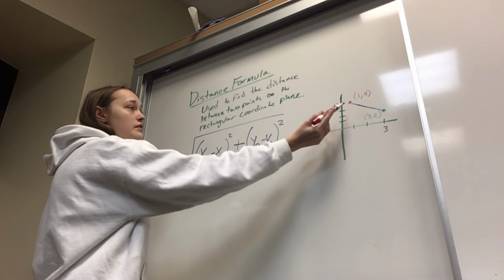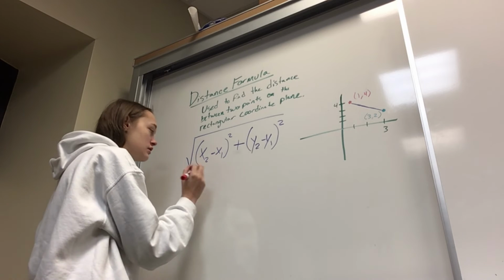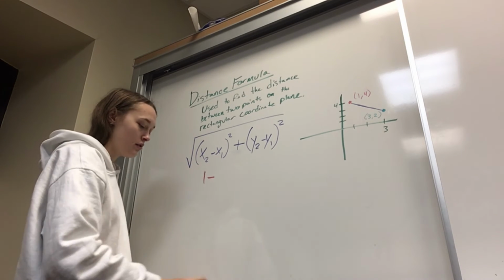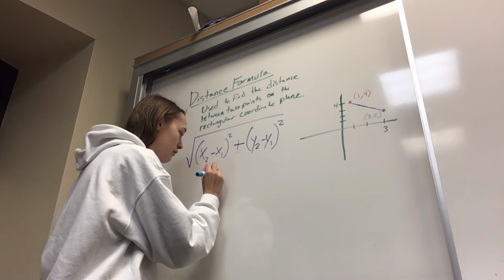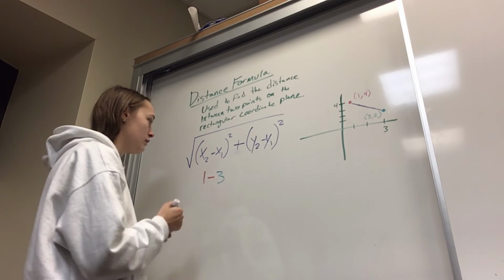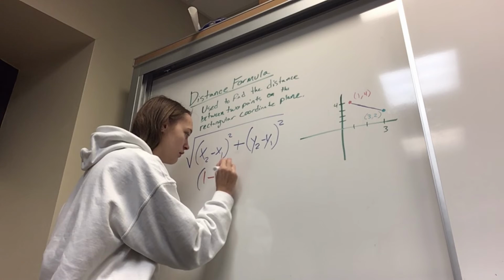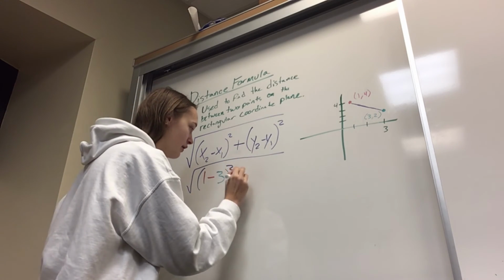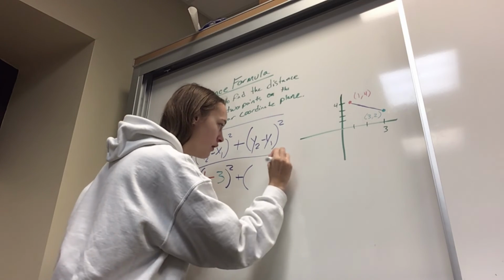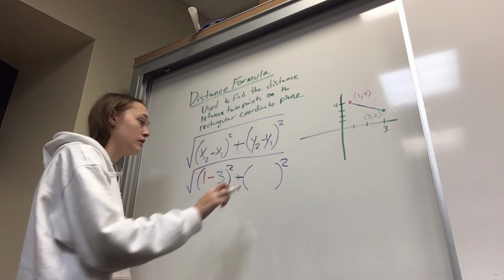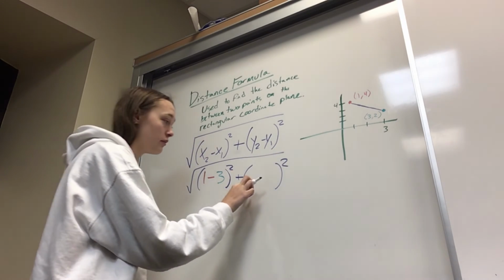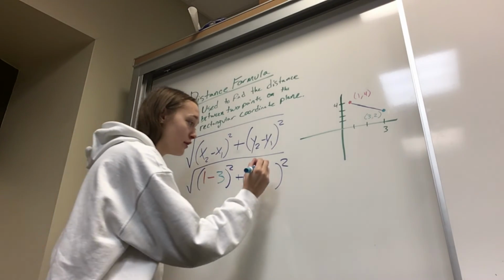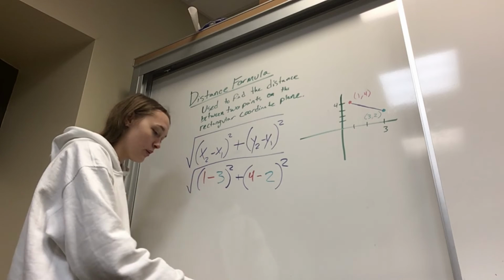So we take the x from our second point, which is 1, and we subtract the x from our first point, which is 3, and then we square it. And then we add the y from our second point, which is 4, minus the y from our first point, which is 2, and we square that.